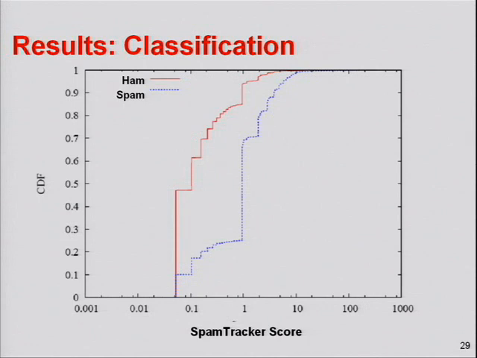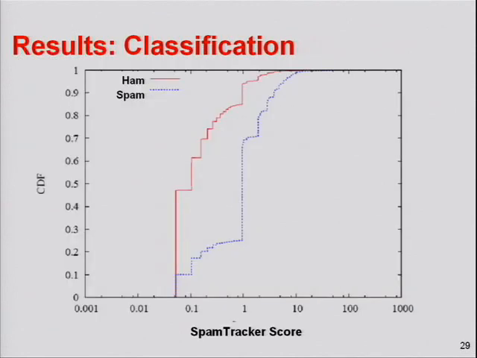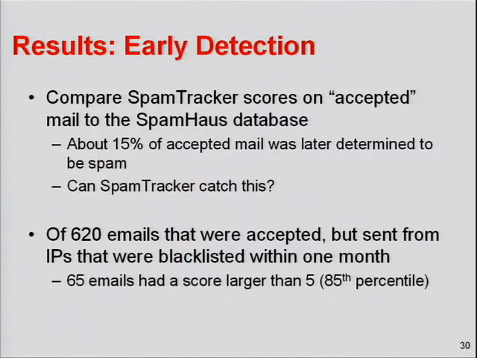When we looked at that 15% up here, I think about 10% of those were later listed in Spamhaus, right? So it's hard to say exactly how many wrong answers we have up here versus just things that we got ahead of someone else or that no one else ever bothered to report. But it is somewhat apparent that we're catching things that other blacklists are not catching as well.